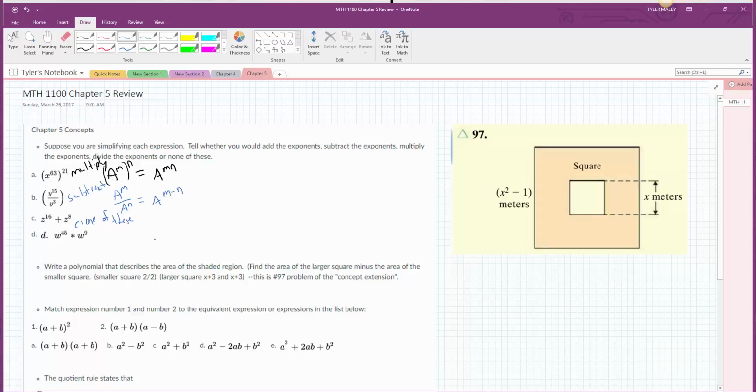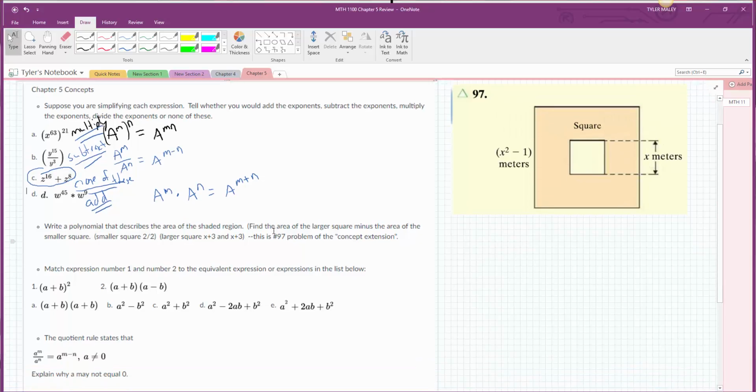So this looks like, if I have a to the m times a to the n, we add the exponents together. So here we would add. So you just want to be comfortable with those rules and how to use them, and also when not to use them, like in this case, where we would do none of those.